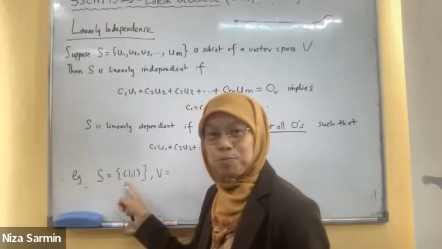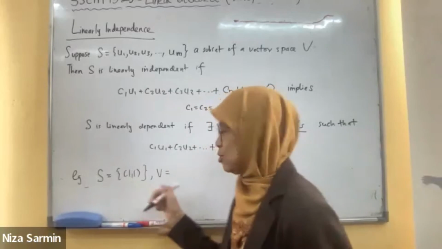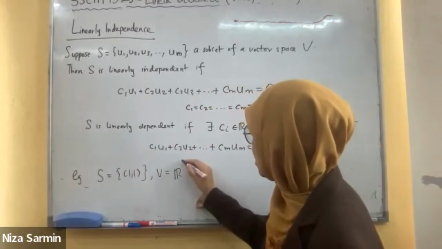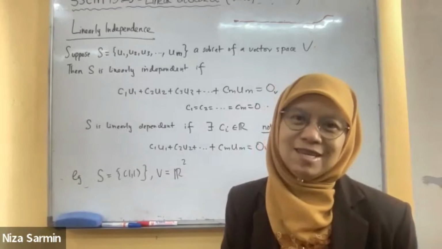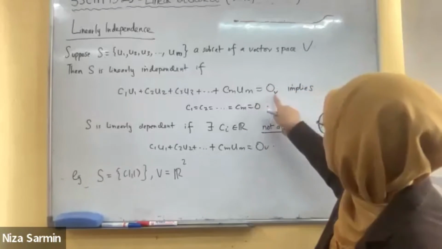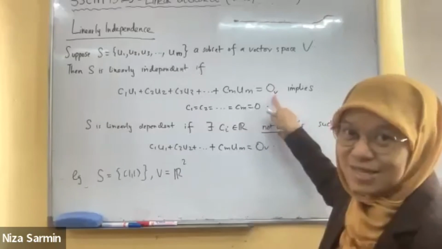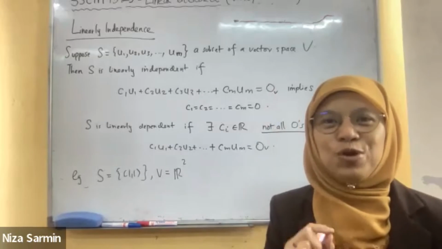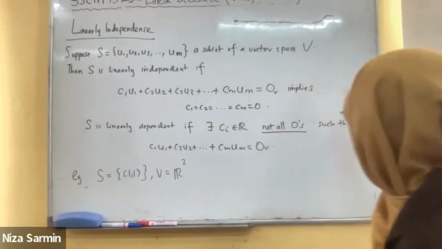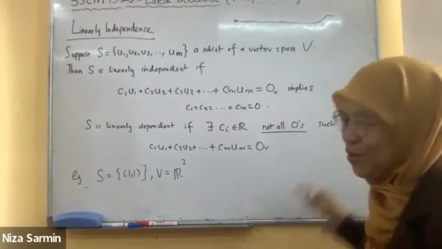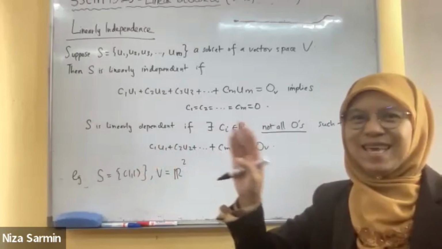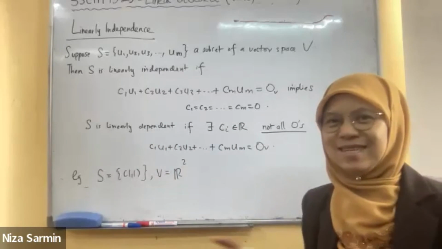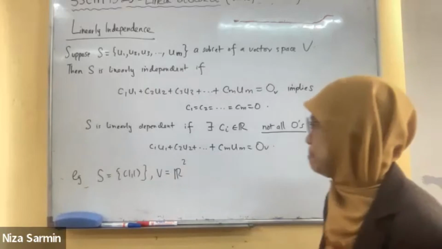It has 2 components, right? So V is R2. If you don't know the V, then you will not be able to write out the 0 vector. So you have to know the V. The Rn, the Pn, the matrix, yeah, and the 0 function.